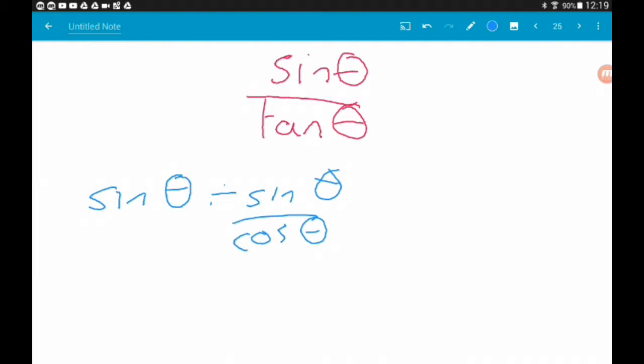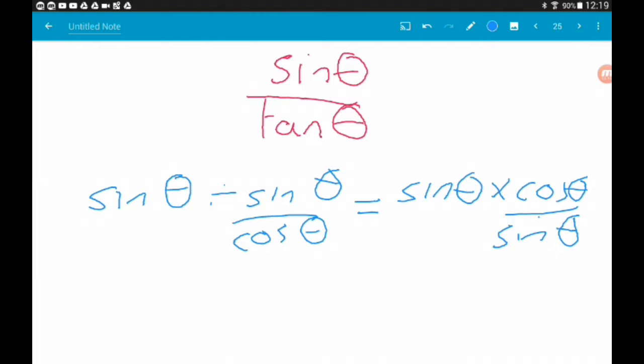Again, when you divide by a fraction, you flip it over and multiply by it. So this is sine of theta times cos of theta over sine of theta. So this actually just gives us cos theta. Nothing else we can do there. Job done again.